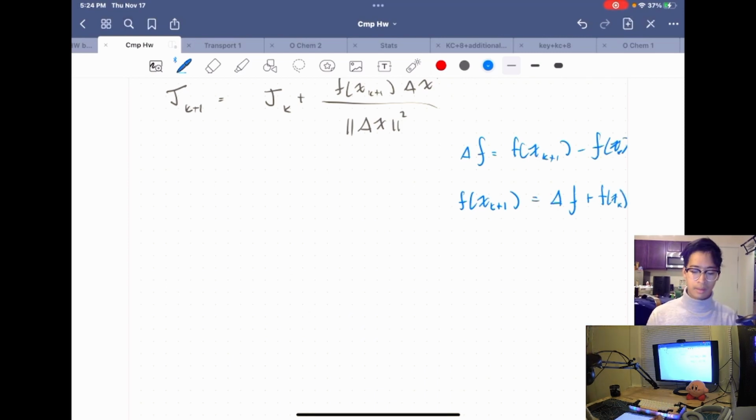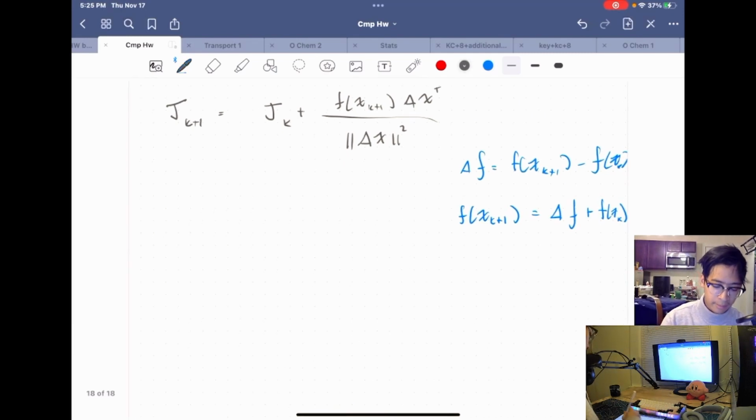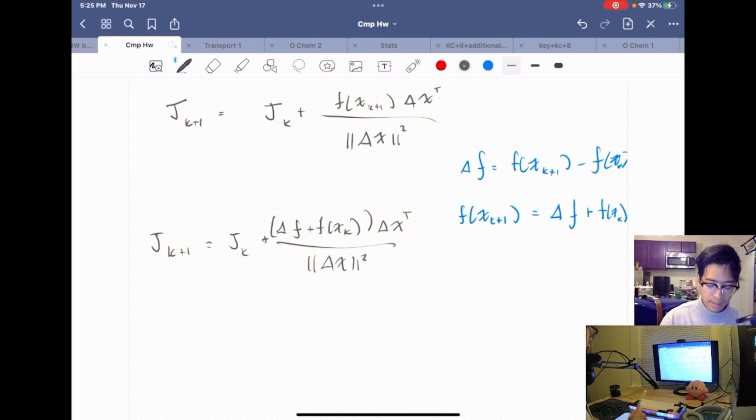Right? Well, first let's plug that in. So we have j k plus 1, the Jacobian at k approximation, and this delta f plus f of x k. Okay, matrix multiplied by the transpose of delta x over the norm of delta x.